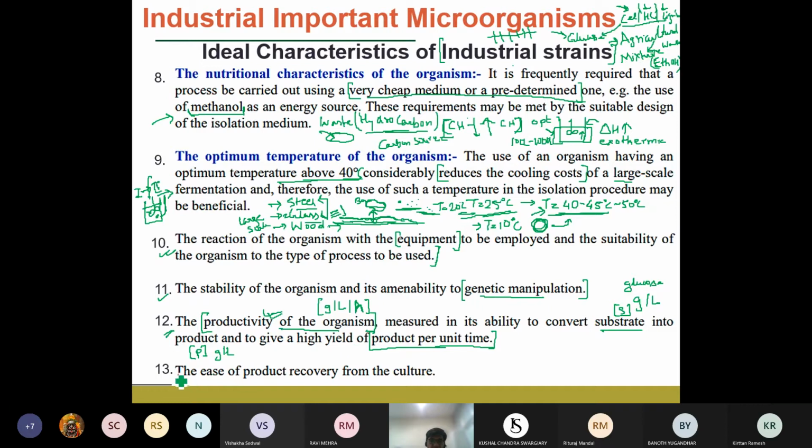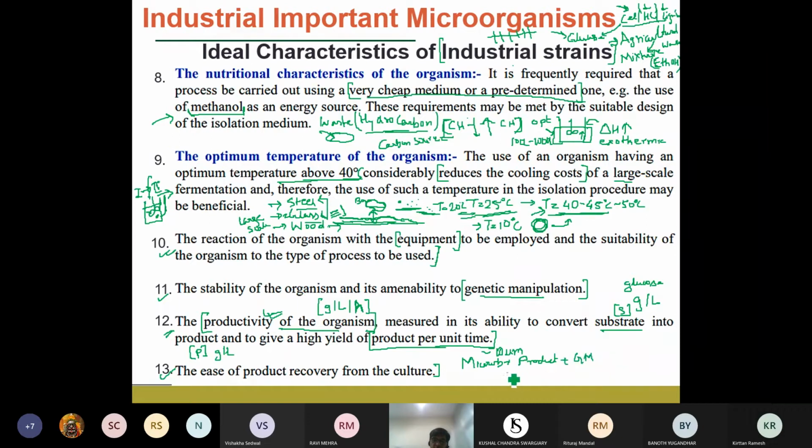And then the 13th point we already talked about is how easily this product can be recovered from the culture. If you have the biomass and you have your product only, then it is very easy to separate the microbe and the product, because microorganisms, as we have talked about, have a size of around 10 microns, and the product may be solubilized in the growth media component.